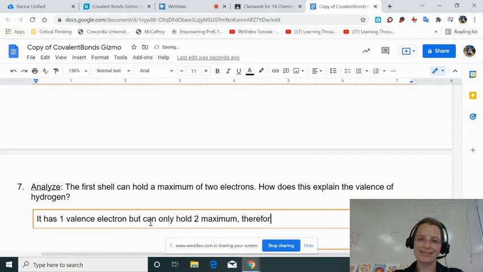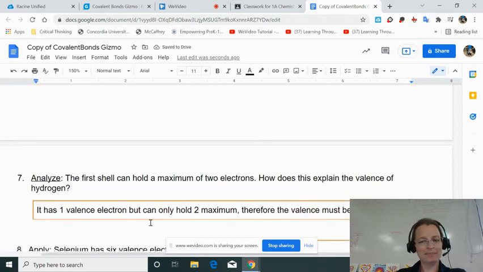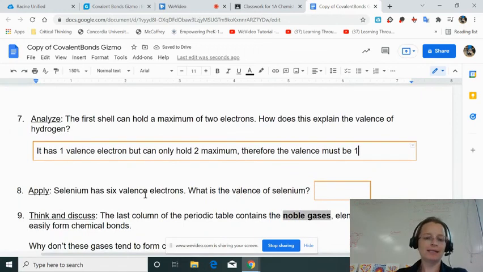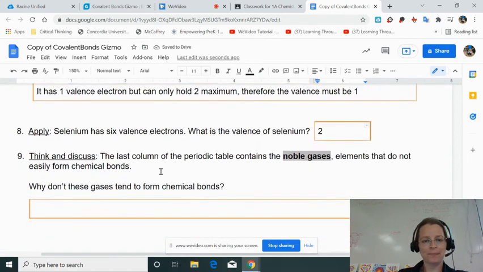Therefore, the valence must be 1. Selenium has 6 valence electrons. What is the valence? So 6 plus what gets us to 8? 2. You've got this.